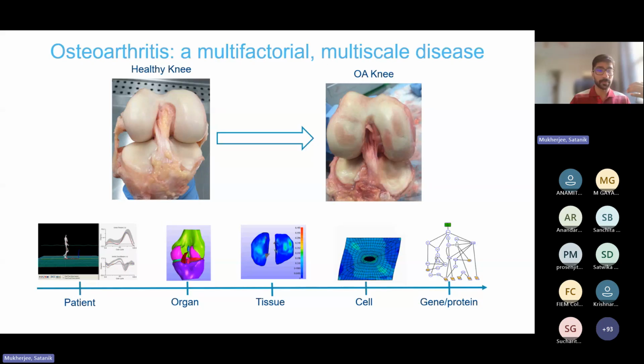looking at the corresponding articular cartilage at the tissue level, and then further zooming into individual cells in the joint and seeing how the cells are behaving, and further zooming into the intracellular behavior. For example, if the cells are predisposed to osteoarthritis, or if there is some change in the intracellular signaling for these cells that actually causes osteoarthritis.